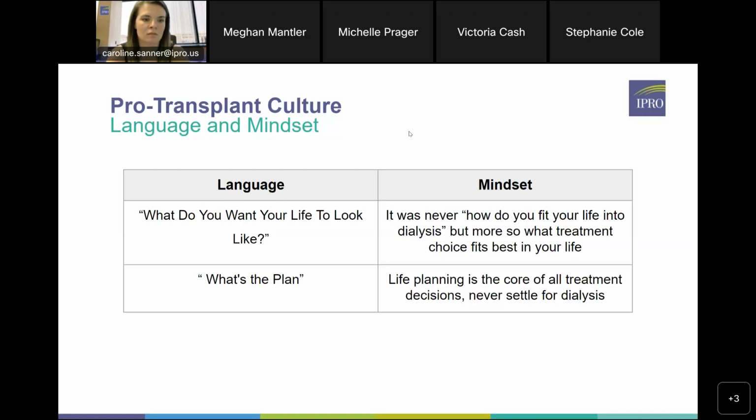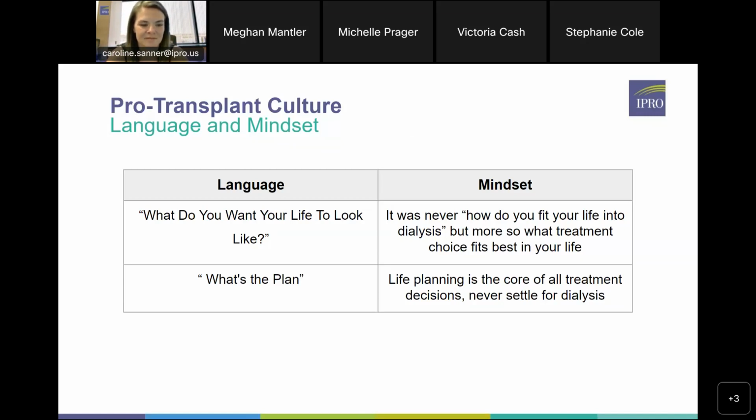So what do you want your life to look like? And how does transplant fit into that? Not, oh, how do we get that transplant thing done? It's not something that's on a to-do list. It's always a part of your life. So what do you want your life to look like is kind of how you approach it with a patient, rather than making it like your phosphorus is 7. And when was the last time you saw transplant?